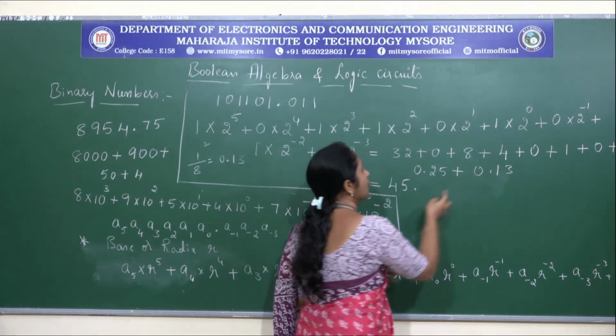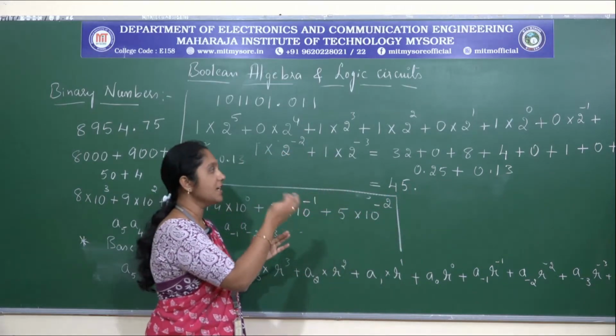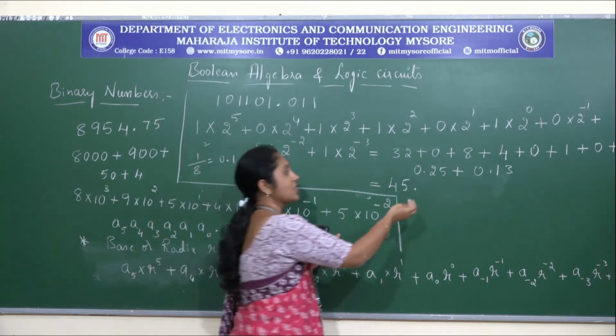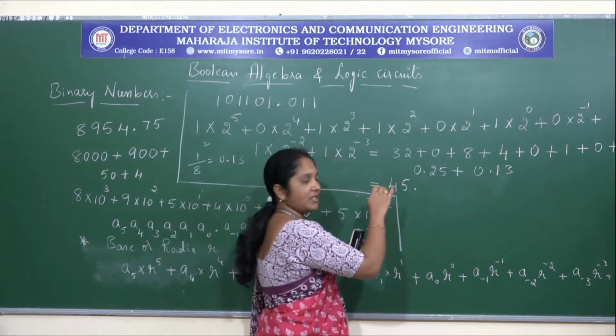Because we have fewer numbers here, I am doing the addition from this side. So we need to add the fractional values first. If we get a carry, we need to consider that also.